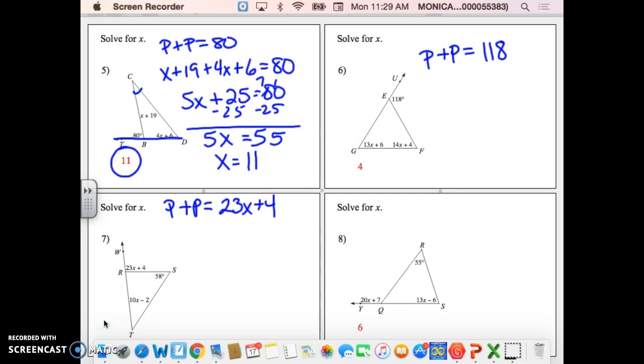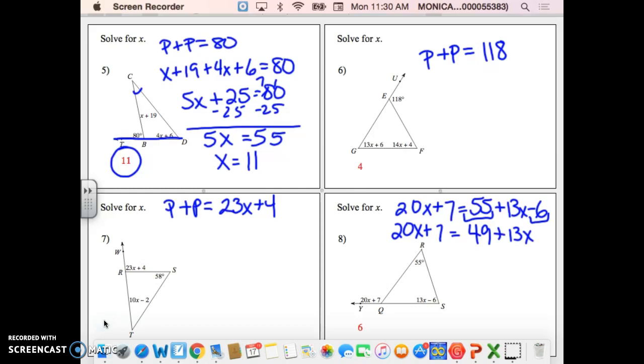And here again, you're going to get 20x plus 7 equals 55 plus 13x minus 6. So you combine your like terms. So you get 20x plus 7 equals 55 minus 6 is 49, so this is 49 plus 13x.